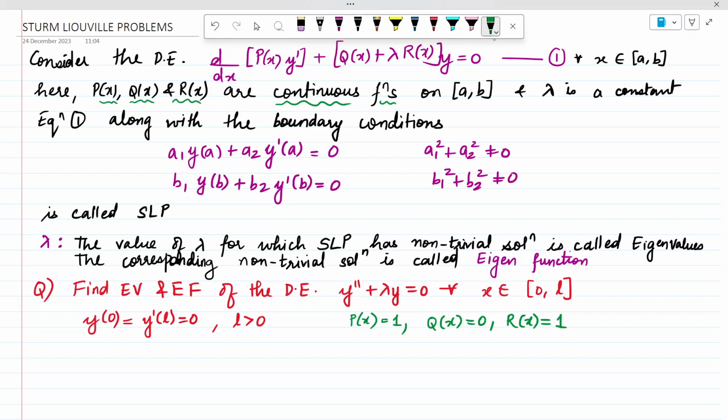So these are always continuous. If I do that, will equation 1 get converted to the given equation? What will you be left with? d by dx of y dash, because the value of P of x is 1, plus 0, plus lambda into 1 in place of R of x, times y. Is this going to give you the equation which we are dealing with right now?